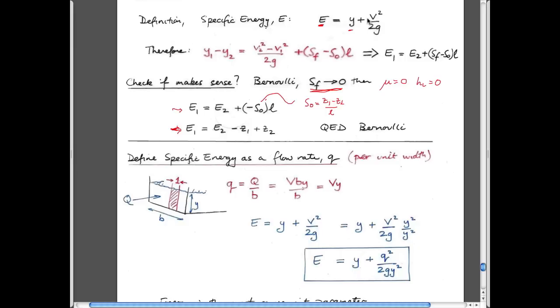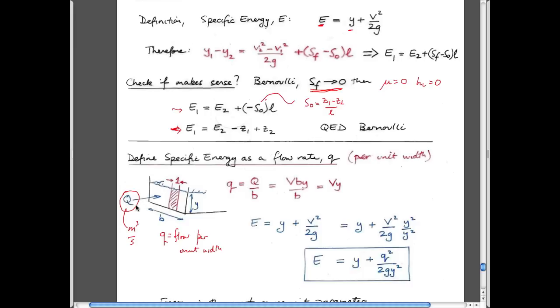So we know that when we flow water in a channel, we have an overall gross flow rate, volumetric flow rate. So this would be in meters cubed per second. If we take the width of the channel and we look at the flow per unit meter, per unit width, then we know upstream and downstream would be the same, right?